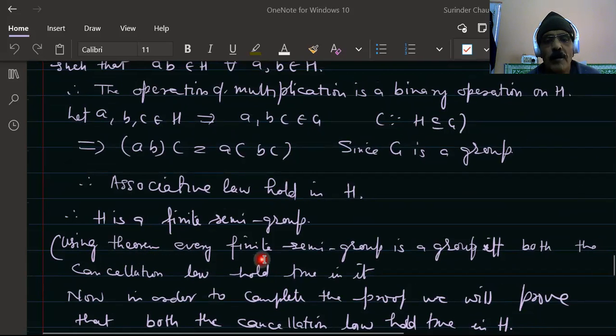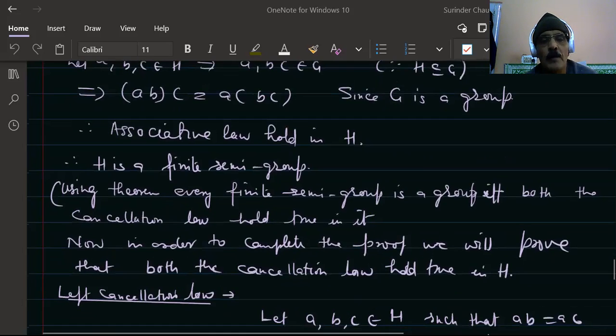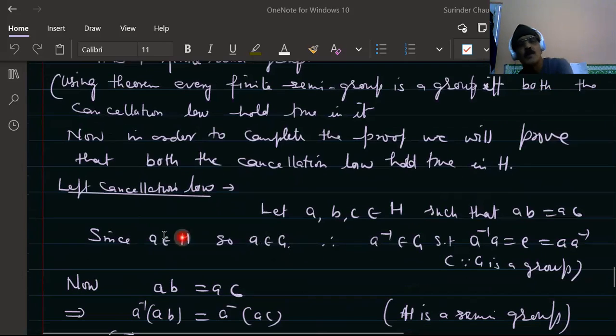Using the theorem, every finite semigroup is a group if and only if both the cancellation laws hold in it. Now in order to complete the proof, we will prove that both the cancellation laws hold in H. So let us take the left cancellation.